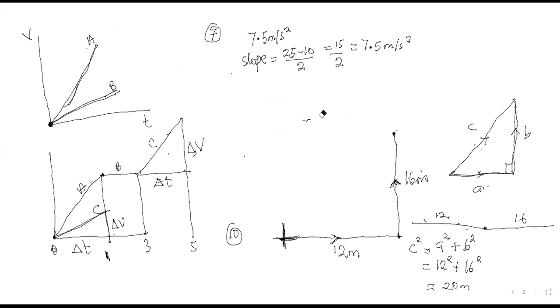12 to the power 2 plus 16 to the power 2, I guess it's like 20. I'll go through. Okay, I just jumped, thinking all of you are following. So we have c squared, which is the displacement of the 12 meters and then the 16. C is what we don't know.